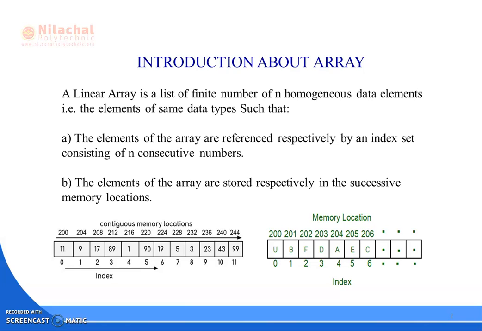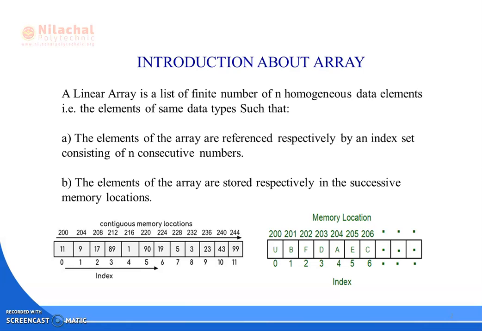It is of finite size and consists of the same type of data elements in an array. So all in all, array or linear array is a list of finite number of n homogeneous data elements, or n number of similar data elements.